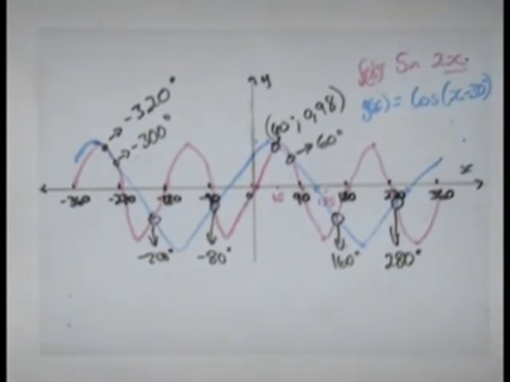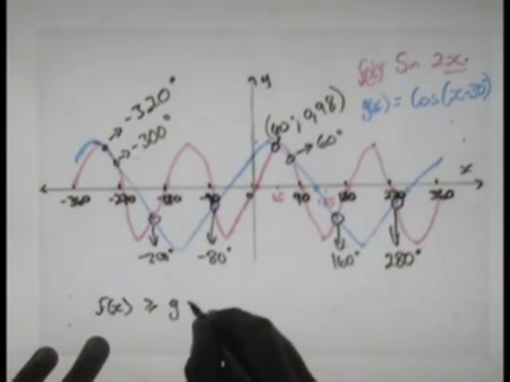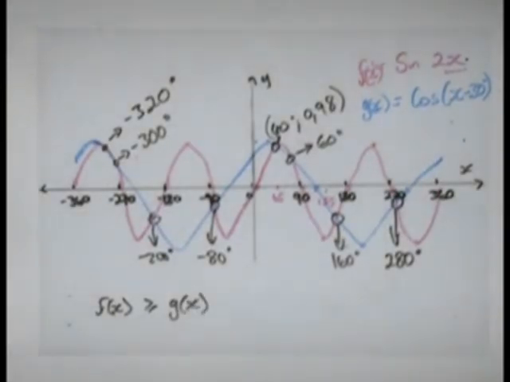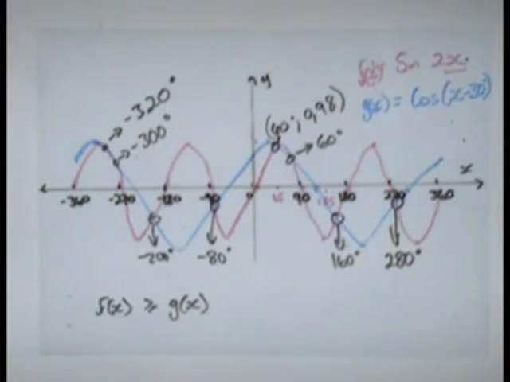The first thing I asked you for was, for which values of x is f of x greater than or equal to g of x. Now think about that. F of x is the graph sine 2x.